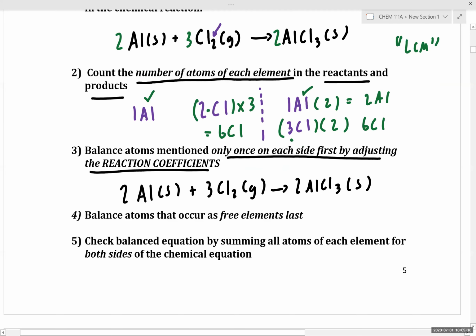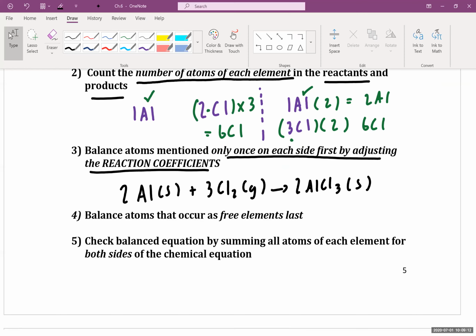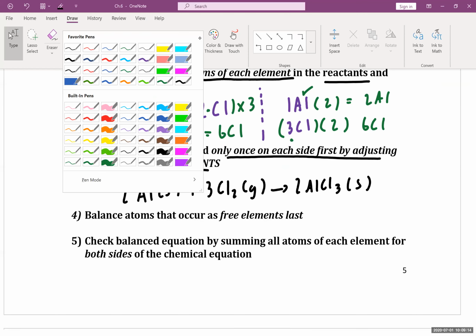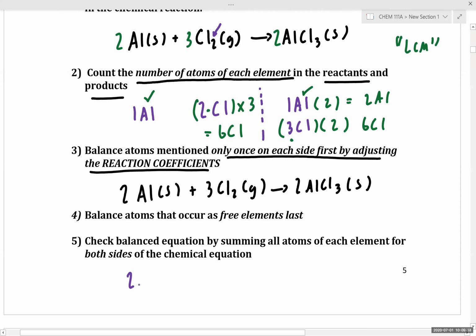Once you've adjusted your coefficients, you then check to make sure that your chemical equation is in fact balanced by ensuring that there are equal numbers of atoms of each element on the left and right hand side. So on the left, we have 2 aluminum and 6 chlorine. On the right, we have 2 aluminum and 6 chlorine atoms.